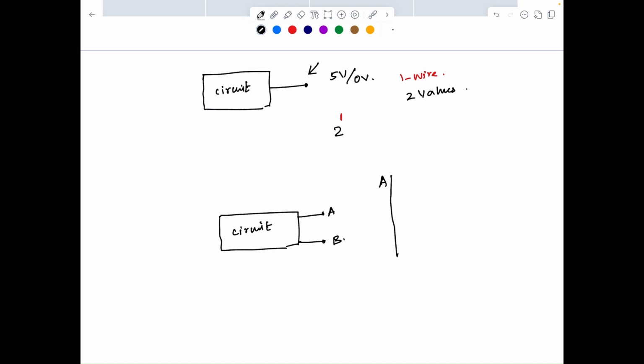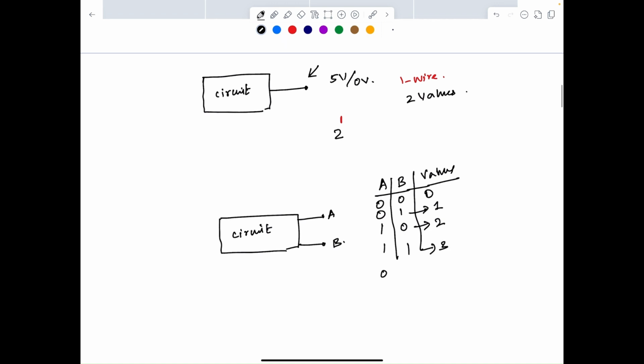It's not simply 0 or 1. These are all the combinations, the maximum I can get. So the values will be either 0, 1, 2, or 3. I can represent 4 values, in the range from 0 to 3.